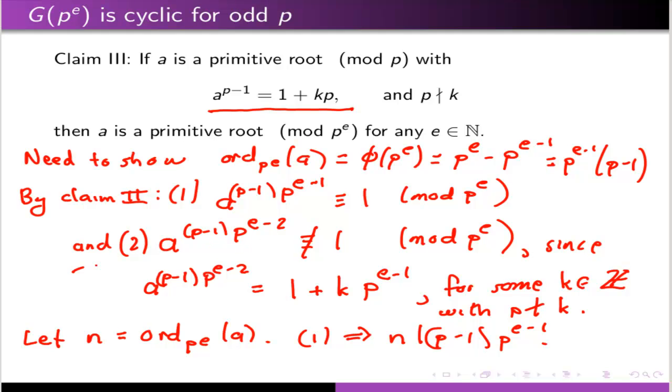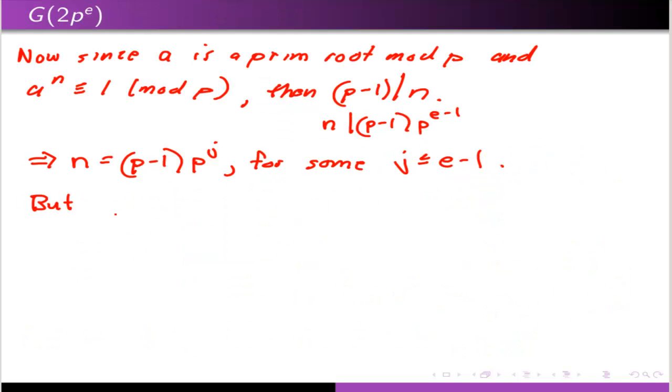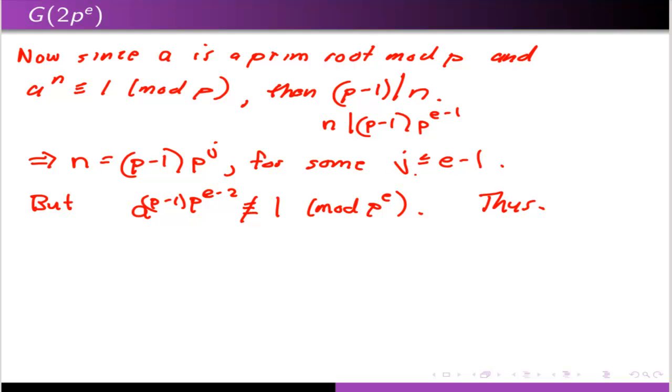This is fact number 2 right here. But a to the p minus 1, p to the e minus 2 is not congruent to 1 mod p to the e. Thus, the minimal power j that would give us equal to 1 would be to let j equal e minus 1.